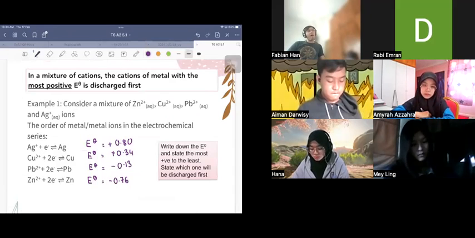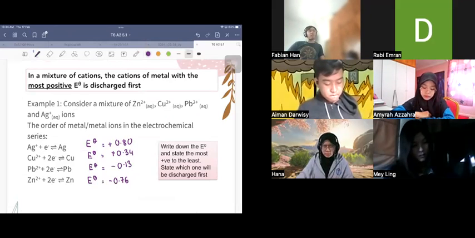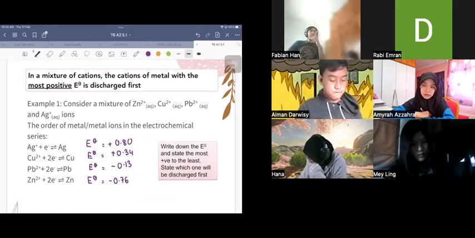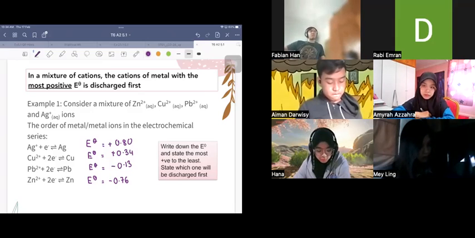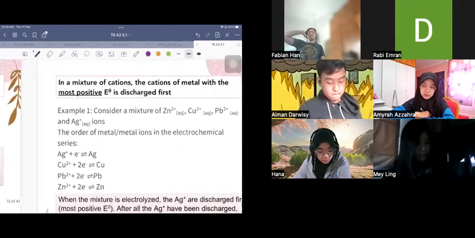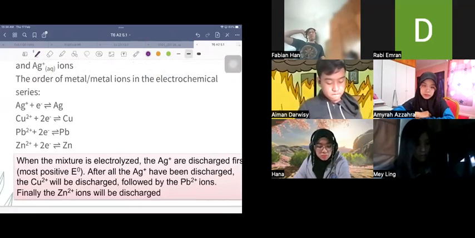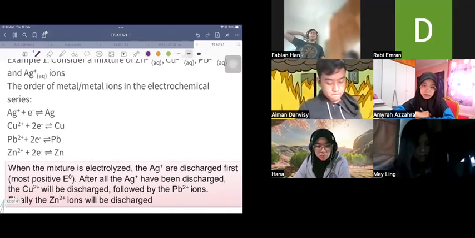Conveniently, they're already arranged for you from the most positive to the least positive. Because they are cations, we follow the rule that the most positive will be selected for discharge first. In reality, it will discharge the Ag plus first.